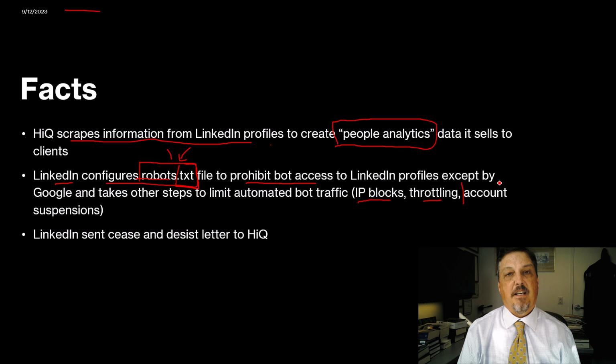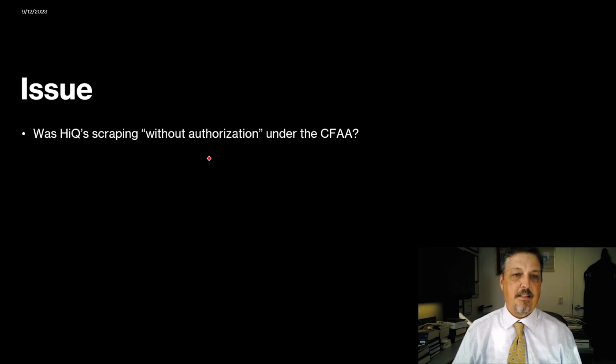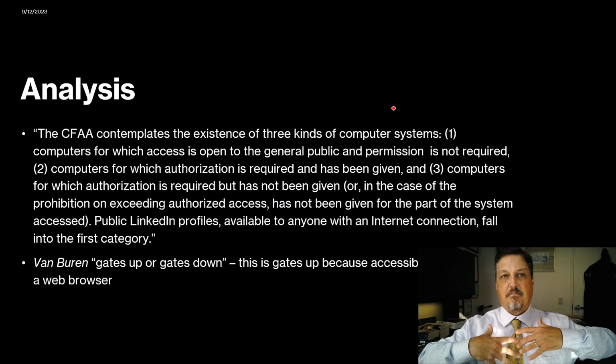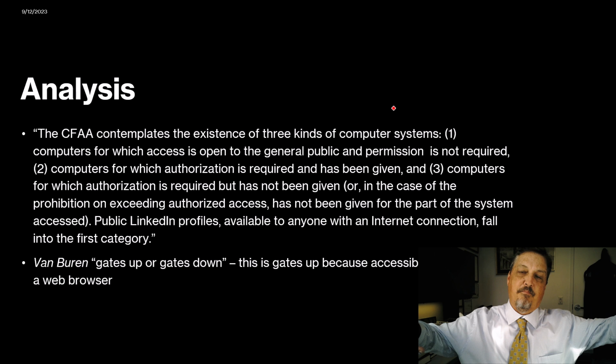The Ninth Circuit kind of blew past all that, and at the end of the day said, nope, HiQ scraping was really gates up, because at the end of the day, these are public web-facing websites.